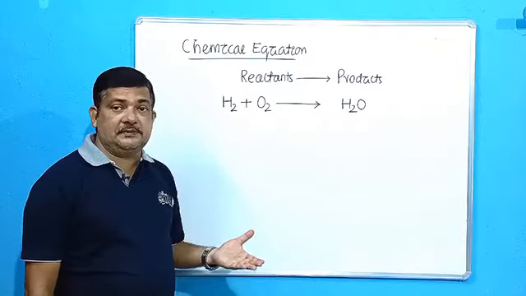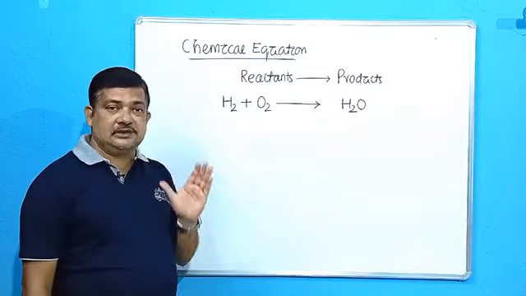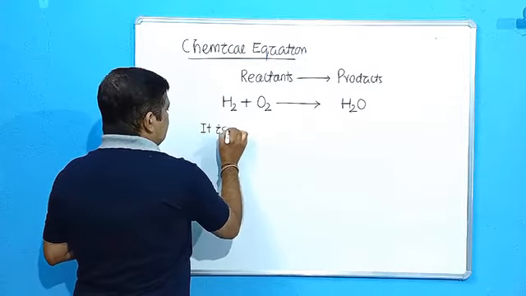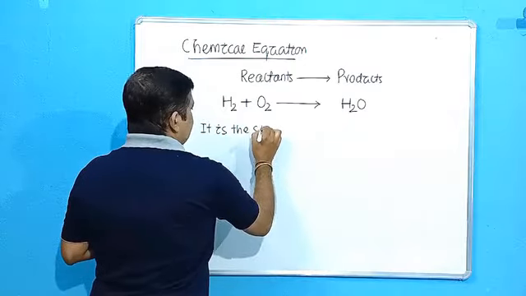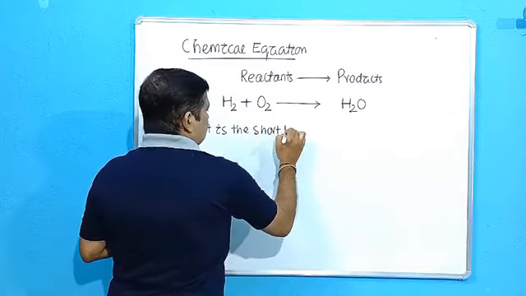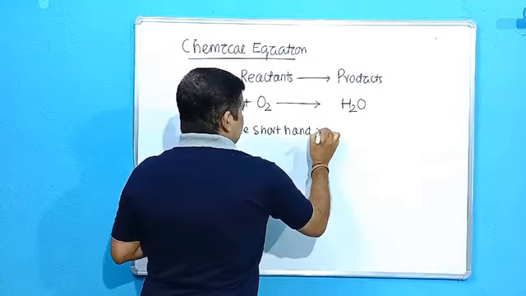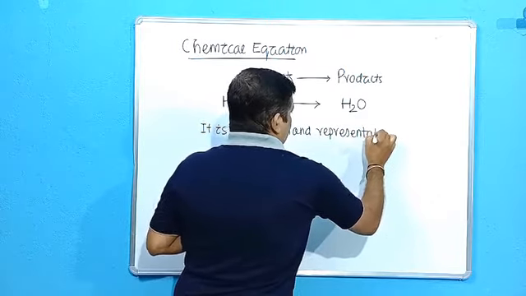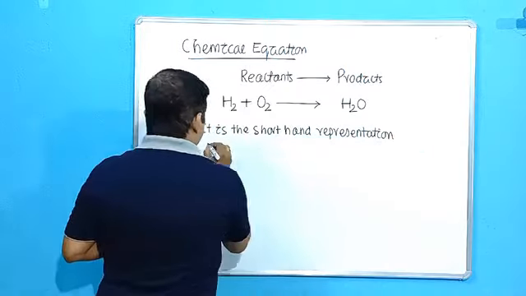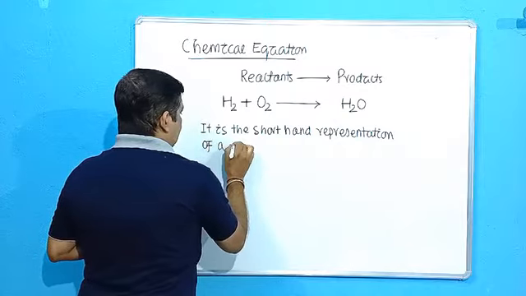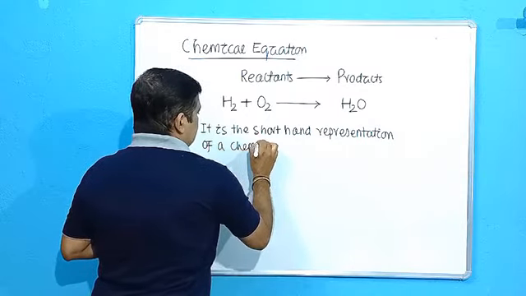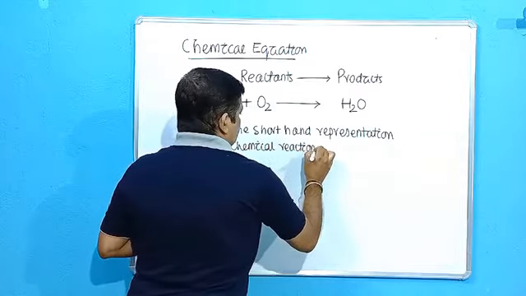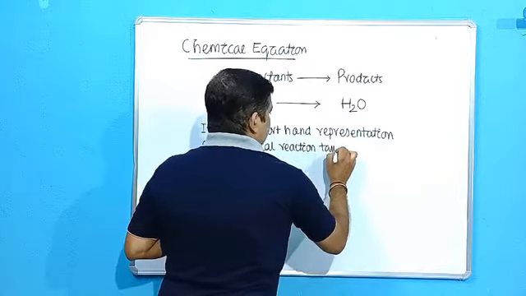So, how to define a chemical equation? Now, it is the shorthand, that means a small shorthand representation of a chemical reaction actually taking place.